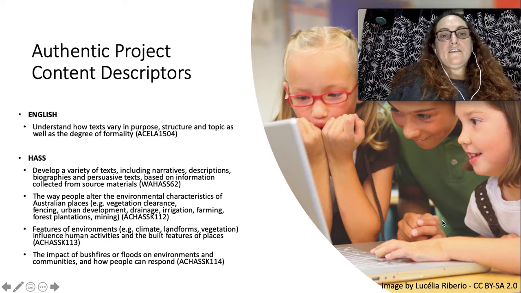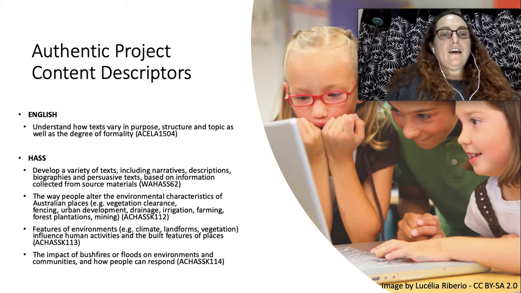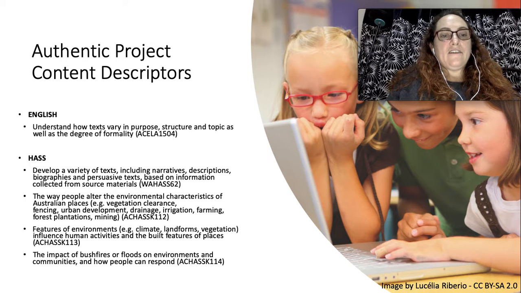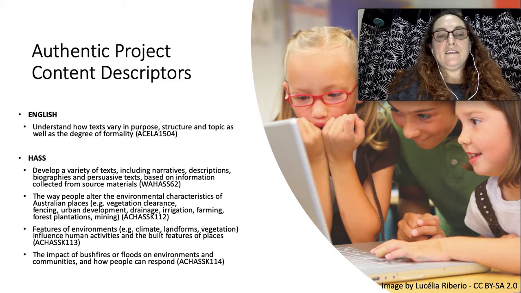So the content descriptors that this project covers are cross-curricular. It covers the English content descriptor of understand how texts vary in purpose, structures and topic, as well as the degree of formality.